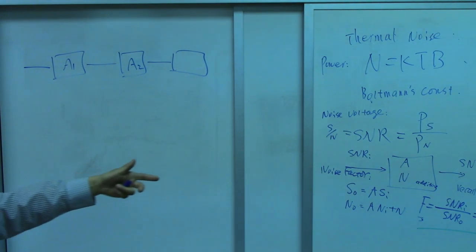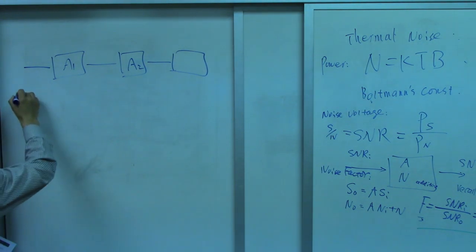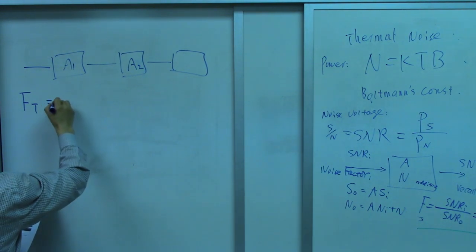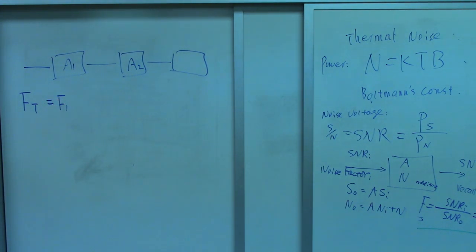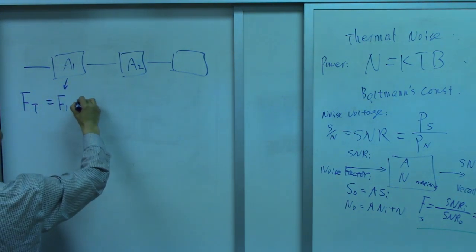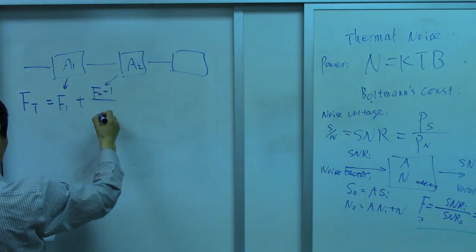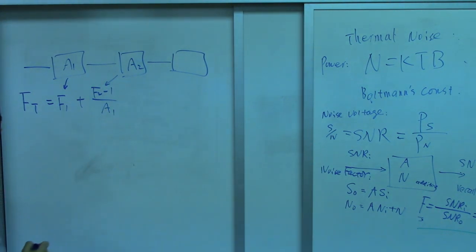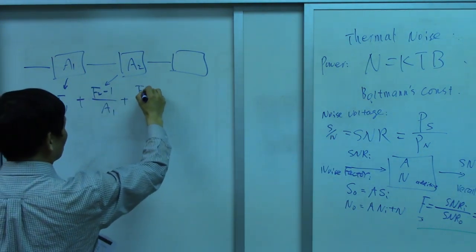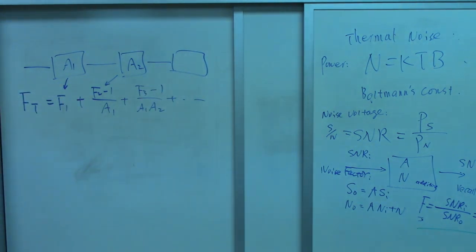Again, we can derive it just like this, but I don't want to waste your time. The overall total noise factor will be equal to F1, which is the noise factor of the first stage, plus F2 minus 1, F2 is for the second stage, divided by A1, A1 is the gain from the first stage, plus F3 minus 1 over A1 times A2, and so on.